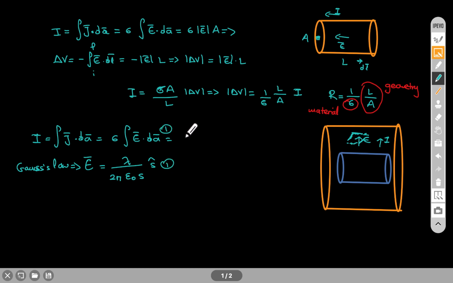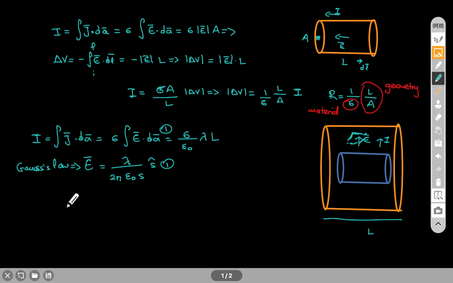When equation 1 is used here, where L, this side is the length L.